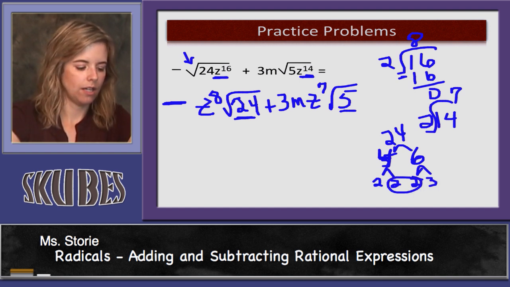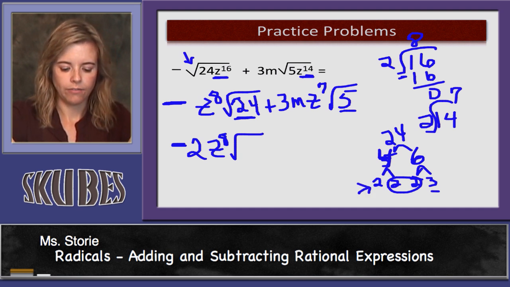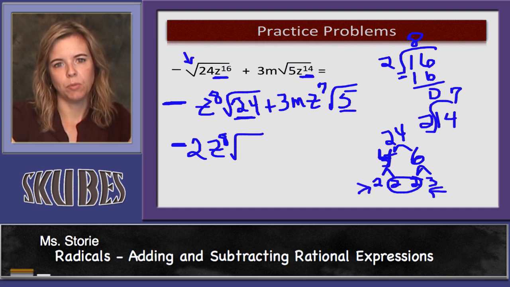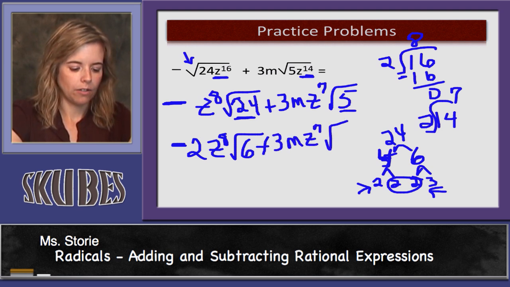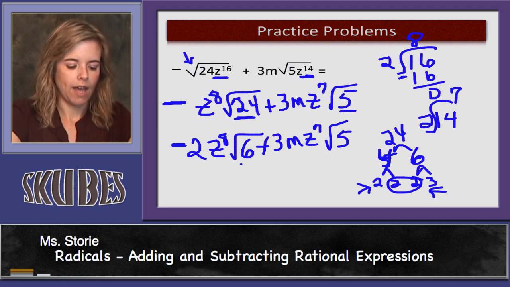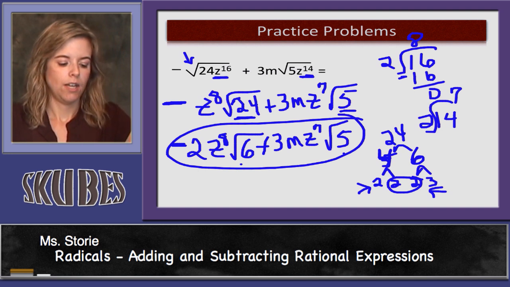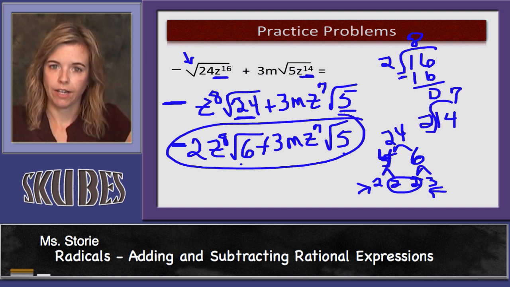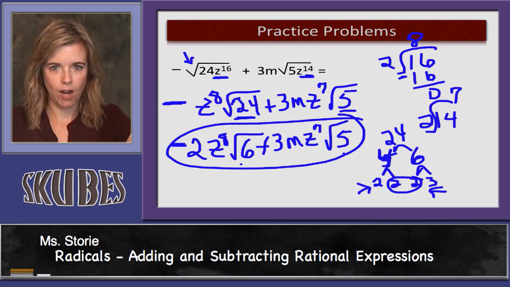Pairs come out, singles stay in, so I've got negative 2 times z to the 8th, and then I've got radical, and my two lonely leftovers have to go back in there, and they have to be multiplied, so it's 6, plus 3m z to the 7th, radical 5. The radicals don't match. These aren't considered like terms. This is going to be your final answer. You fully reduced everything or simplified everything, and then that's as far as you can go. Because they're not like terms, we cannot add or subtract them.